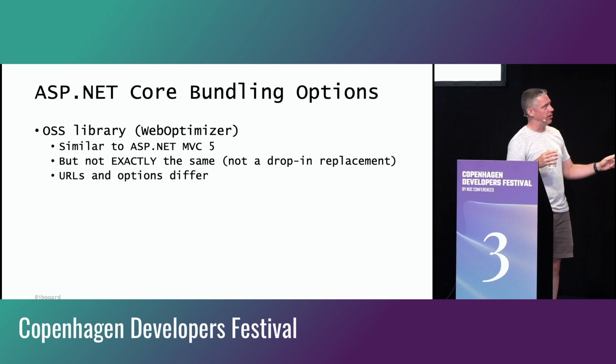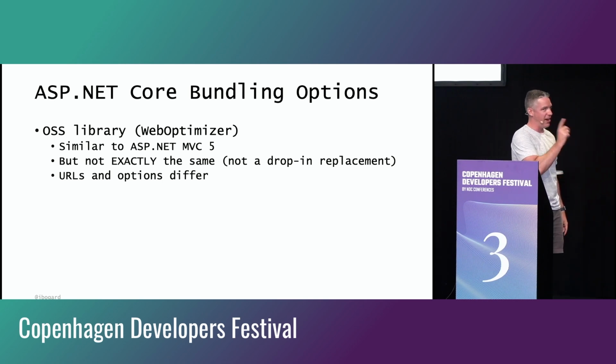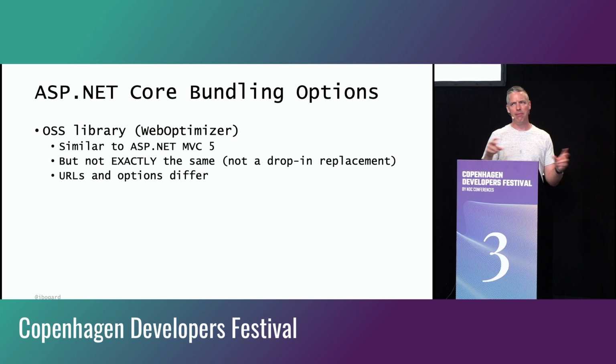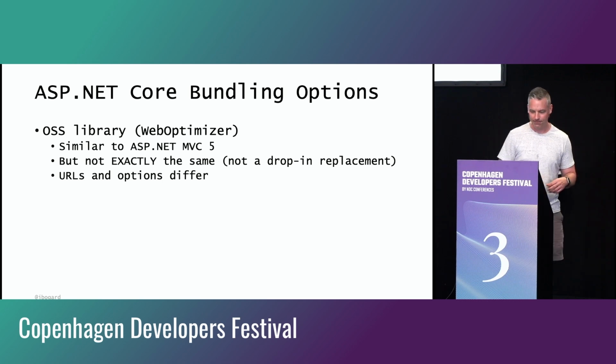It is very similar to the bundling and minification of MVC 5, but not exactly. So you can't copy and paste the code and expect it to work. It will not. There are just enough differences that even the URLs are different. So I can't even use the bundled sources. I'll have a picture here in a second.